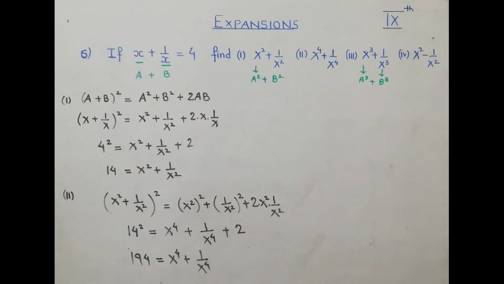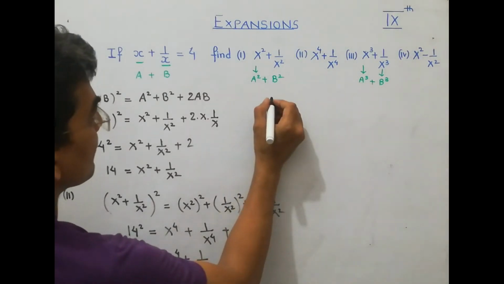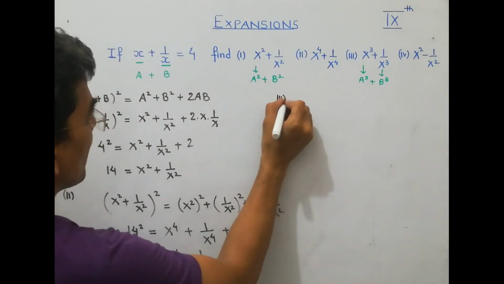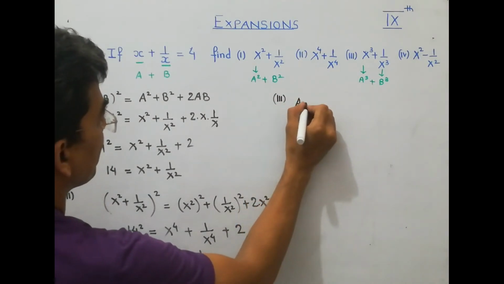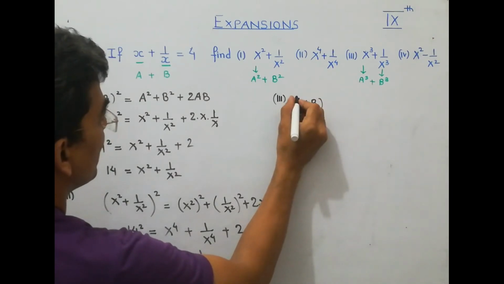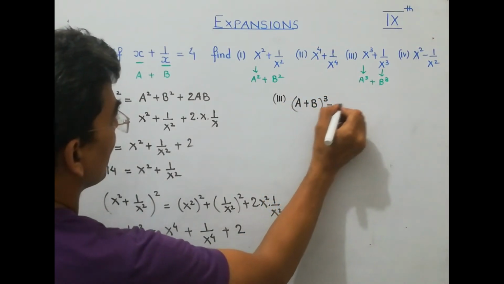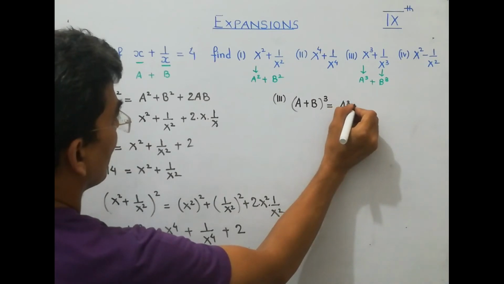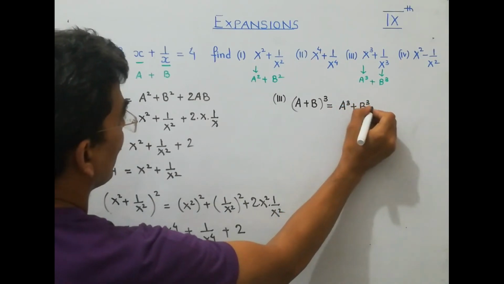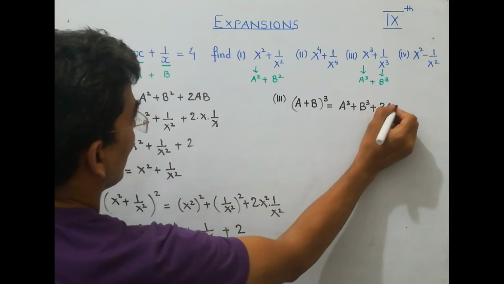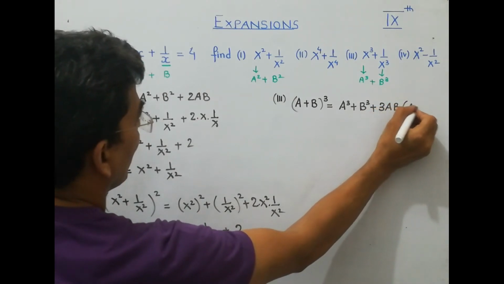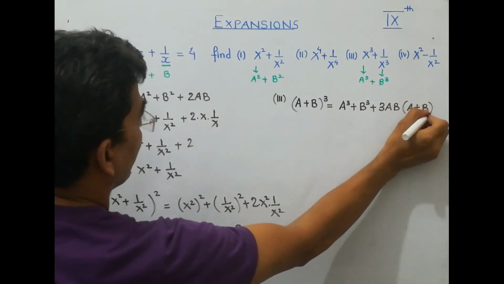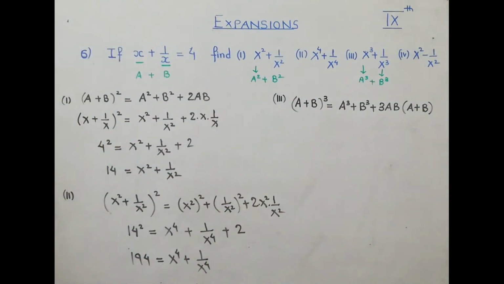So let's write the formula first. So we have this formula. See, a plus b whole cube is equal to a cube plus b cube plus 3ab into a plus b.